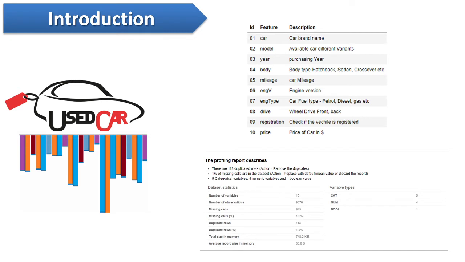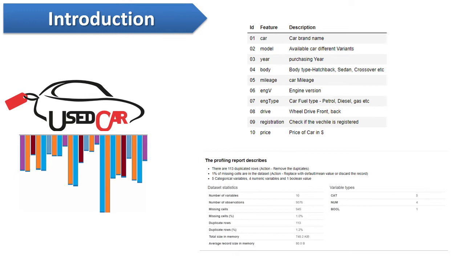Among them, the car column is pretty straightforward to understand. The car is nothing but the car brand name, whereas the model is a variant. Year represents the year in which the particular car was sold, and the body talks about the body of the car, like whether it is a hatchback, a crossover, a sedan, a van or a wagon, what kind of body it is.